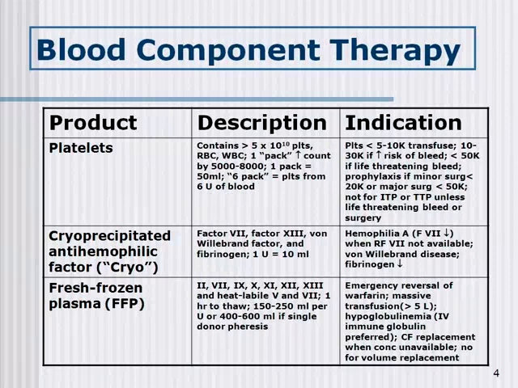They do contain some red cells and white cells, but 1 pack of platelets typically will increase your platelet count by 5,000 to 8,000 total. And so oftentimes it requires multiple packs, and that's why you can order this 6-pack of platelets.